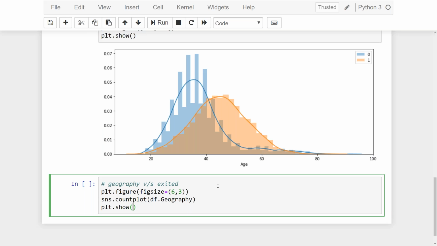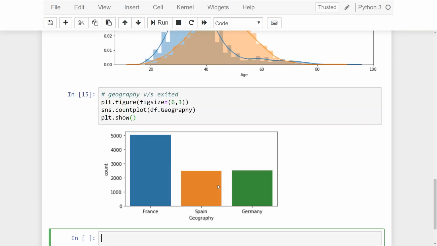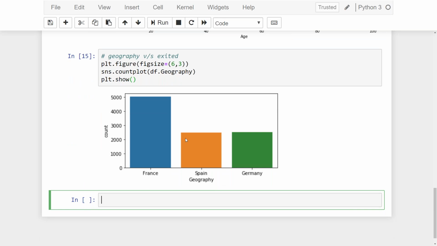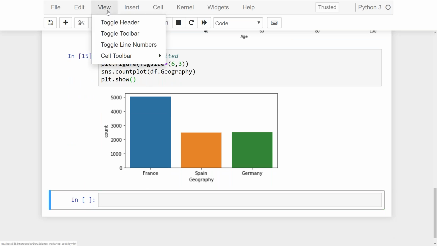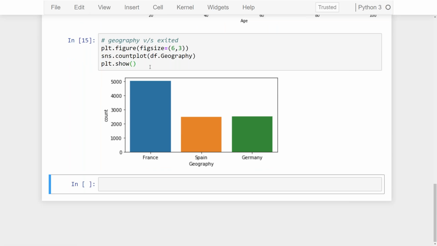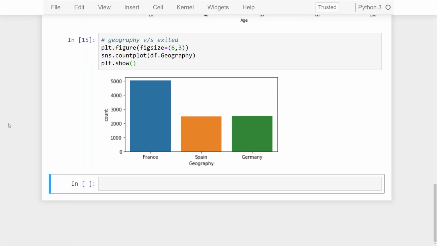So this is where we are not keeping any condition. We are not putting any condition about customers leaving or not leaving, nothing like that. Just looking at the graph of the count of all the customers, irrespective of whether they are leaving or not leaving.